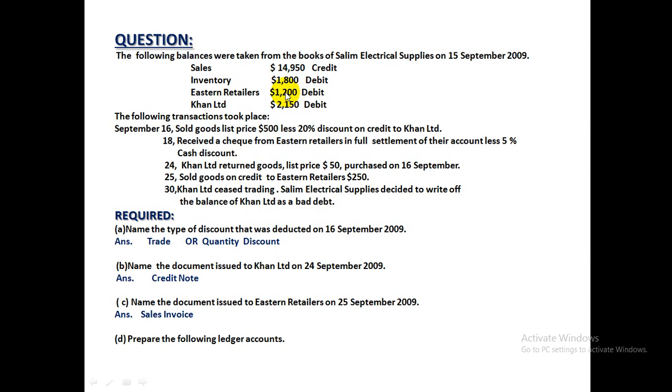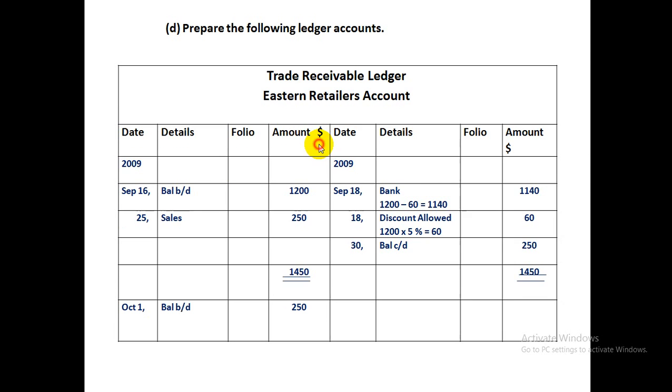First of all, we'll enter this in the debit side. Then we'll see we had received a check in full settlement less 5%. For this amount, we'll be recording this transaction. Then we had sold goods to Eastern Retailers, and that's it. Two transactions related to Eastern Retailers and the opening balance. Only focus on these three things while preparing the account of Eastern Retailers.